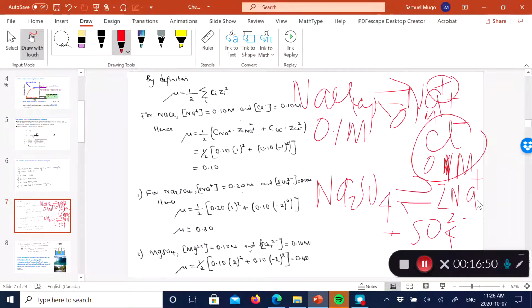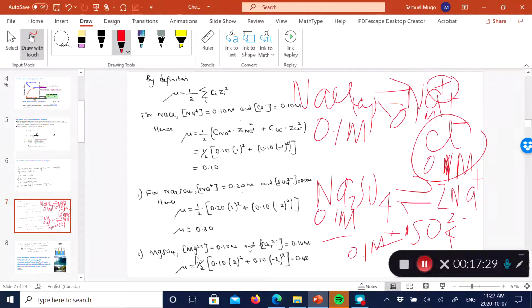So 0.1 multiplied by 2, I get 0.2, and the ion charge state is +1, I square that, plus the concentration of sulfate. For every 1 mole of this, I'm getting just 1 mole of this, so this is 0.1 molar. But in this case, the charge is different. The charge of sulfate is -2, so -2 squared, and then I do the summation. And you can see that the mu, the ionic strength, is 0.3.